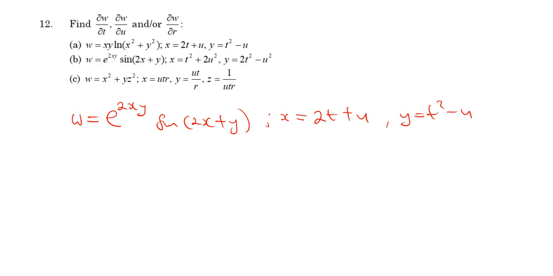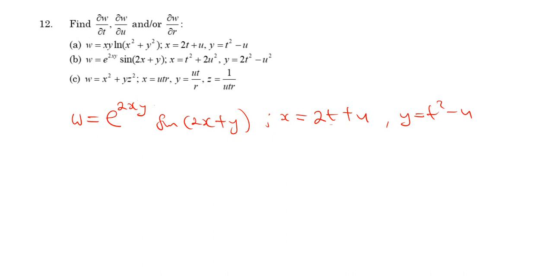How do we go about this? They've told us to find the partial with respect to t and the partial with respect to u. So we should only find partial of w with partial of t and partial of w with partial of u.